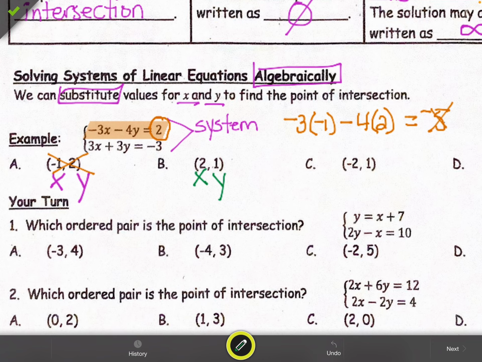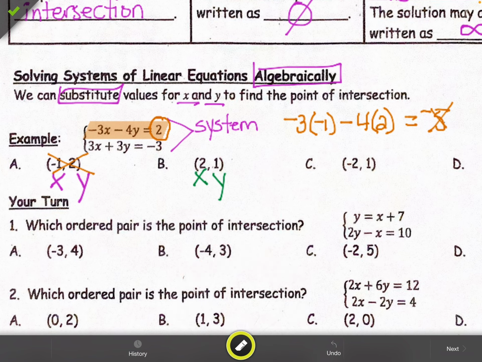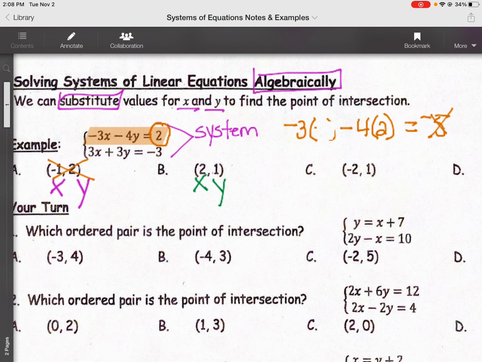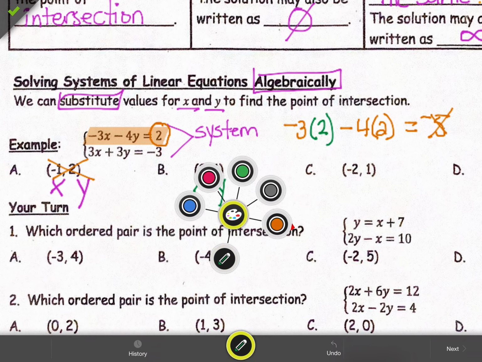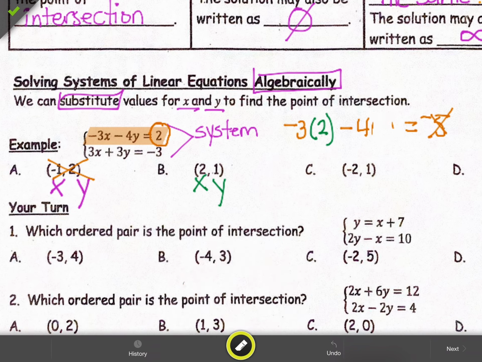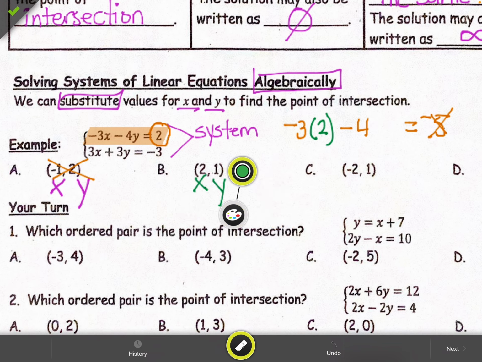So this time, instead of x being -1, we would plug in x is 2. Okay, and instead of y being 2, we would plug in 1.